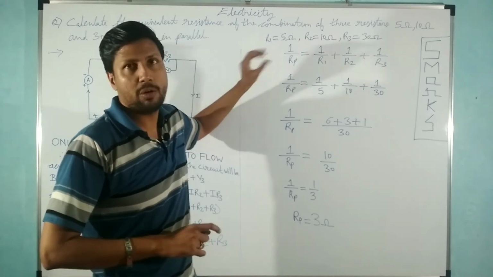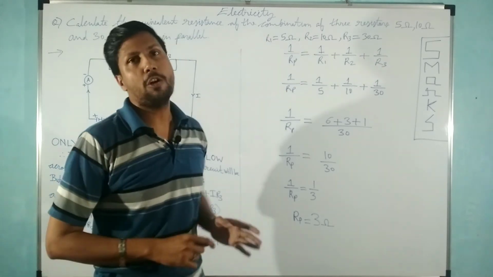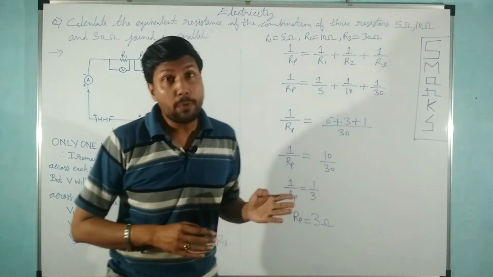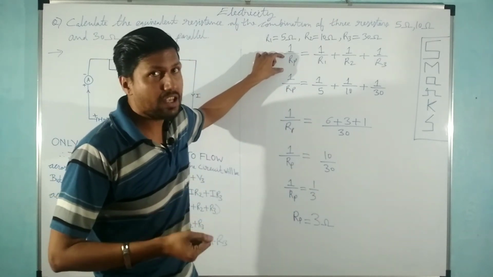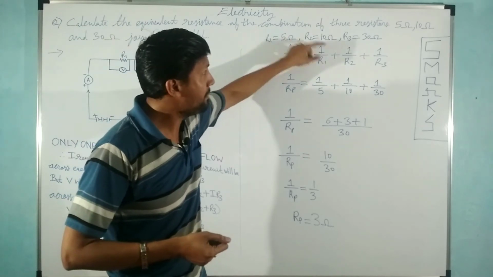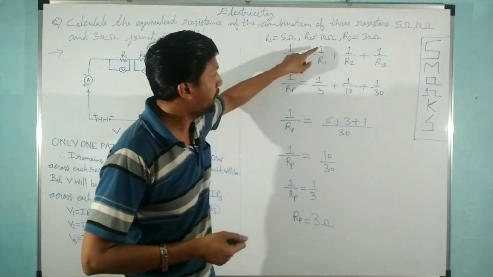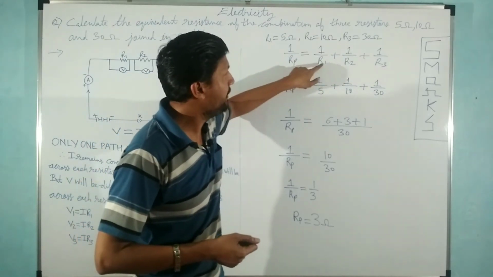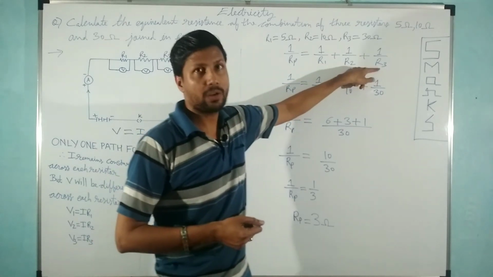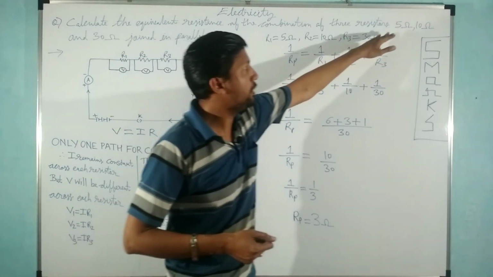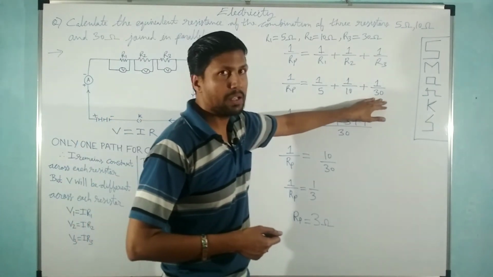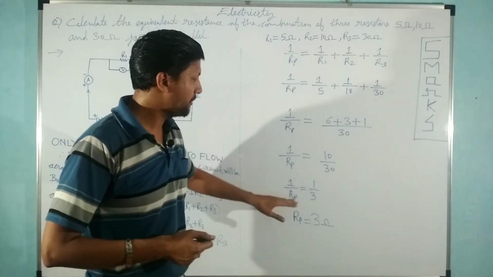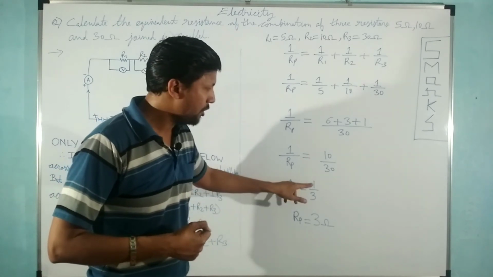We can describe this formula as the reciprocal of the equivalent resistance being equal to the sum of the reciprocals of the individual resistances. So I just kept the values 5, 10 and 30 ohms in the respective places, R1, R2, R3, and what I got is 1 upon Rp is equal to 1 upon 5 plus 1 upon 10 plus 1 upon 30.